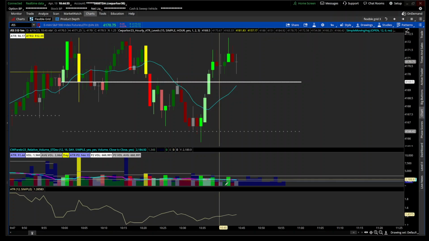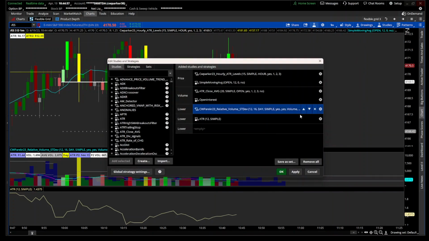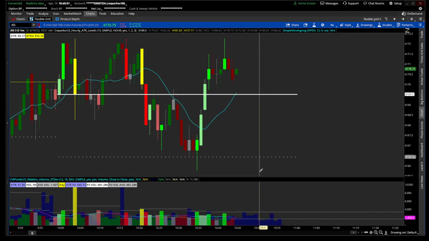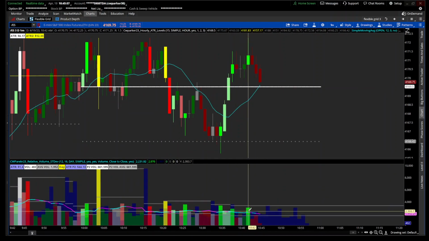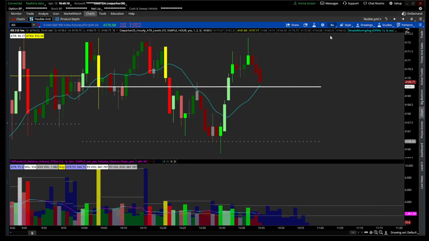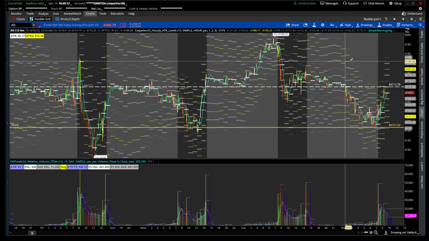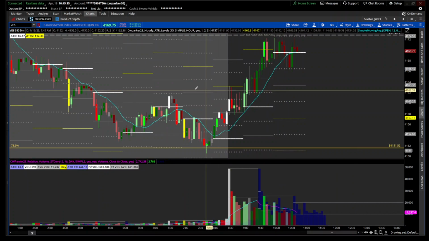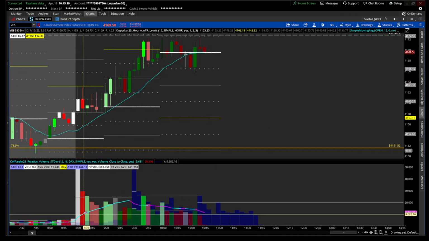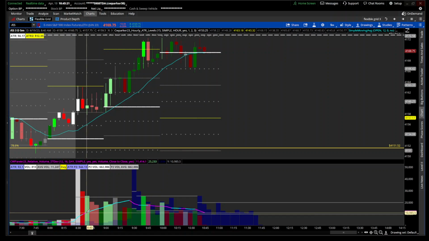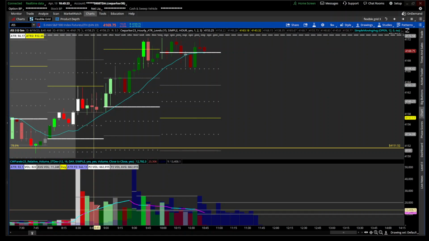Even though volume is going down, so I'll get rid of ATR just so I can look at my volume. So even though right now volume average is decreasing, the ATR is increasing. So we'll push it back to the 5-minute chart. And you can see how ATR started decreasing right here, but volume average kept going up.